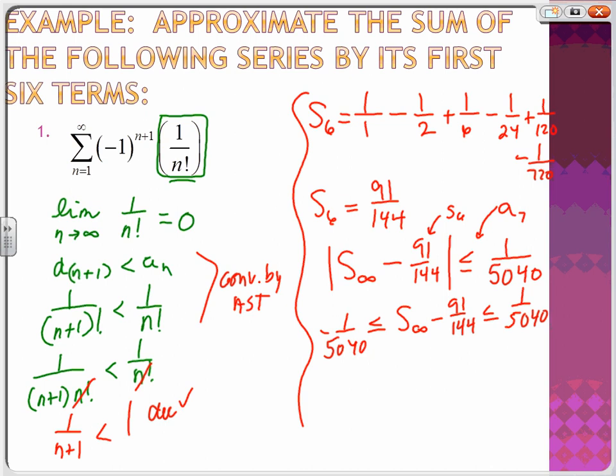Alright, so let's see, go add 91 over 144 to both of these, and let's see what our actual sum, if I go forever and ever, would be between. I actually have it in decimals, sorry. So I've approximated it.